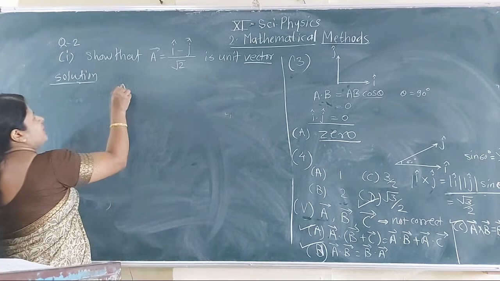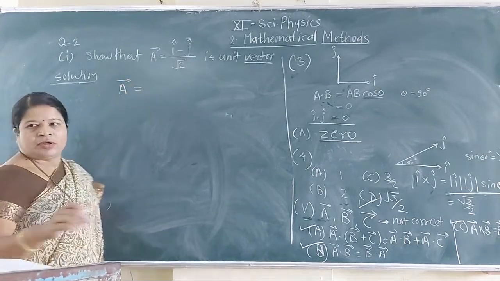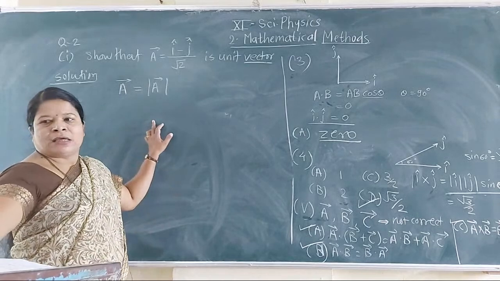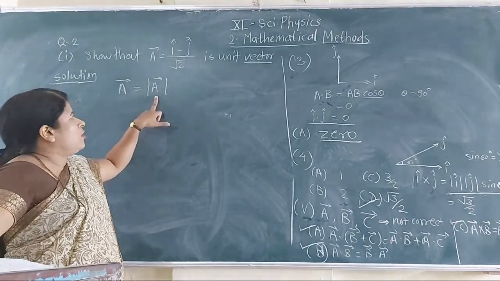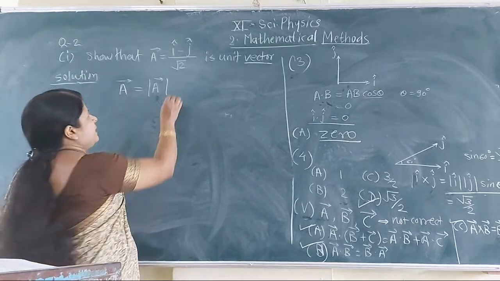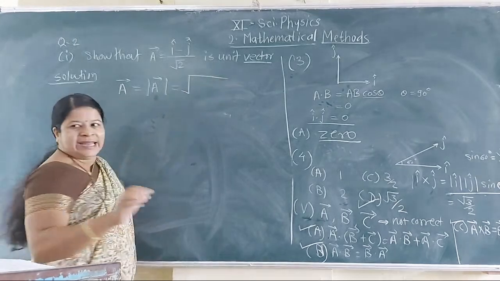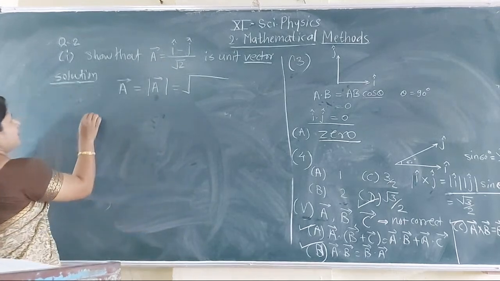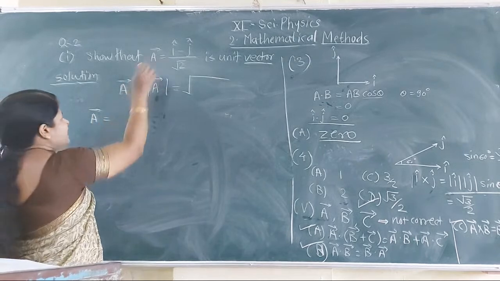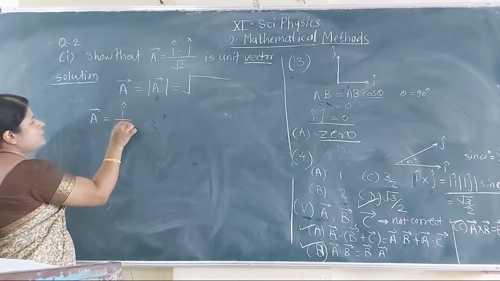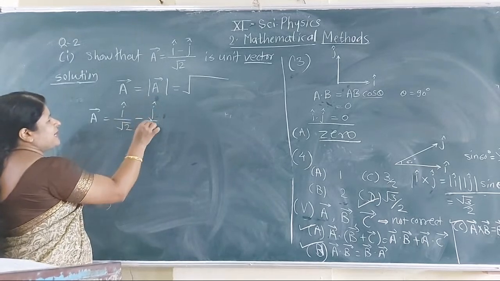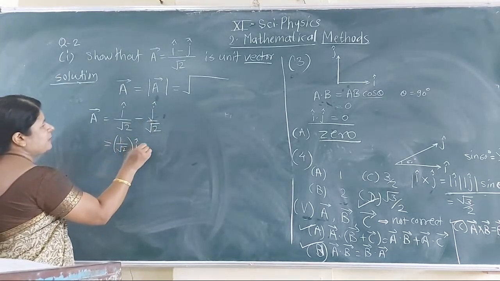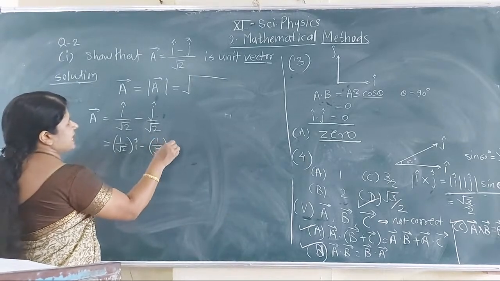We know that a unit vector has magnitude 1, so we have to get the magnitude of the given vector. Vector A is equal to I cap divided by root 2 minus j cap divided by root 2, which is equal to 1 divided by root 2 I cap minus 1 divided by root 2 j cap.